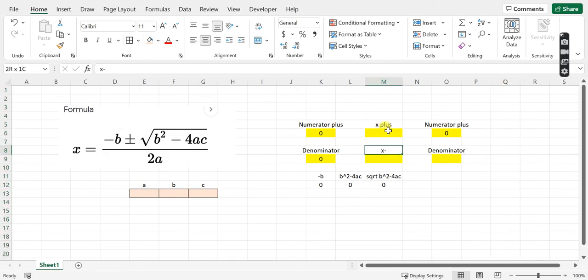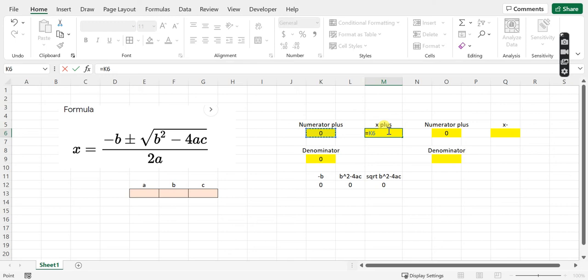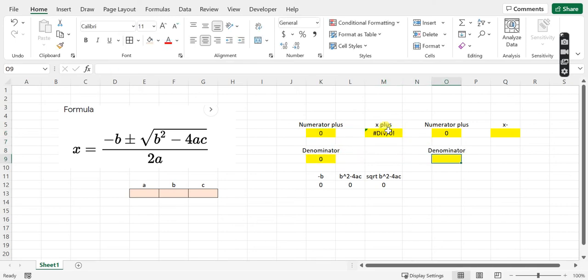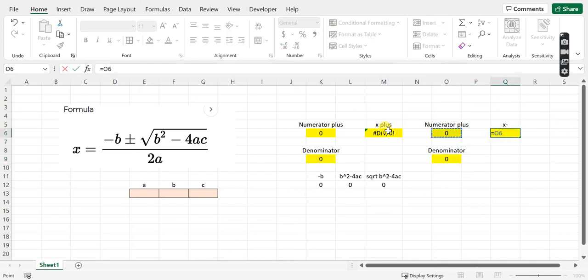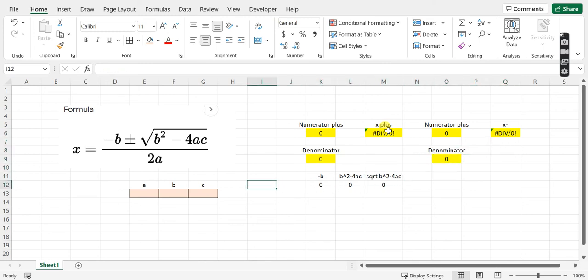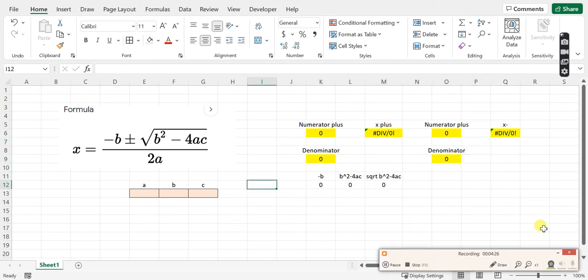I'm going to actually move this over here. Numerator divided by denominator equals numerator divided by denominator. Denominator is always going to be the same. Equals numerator divided by denominator. Okay, let's see how that works.